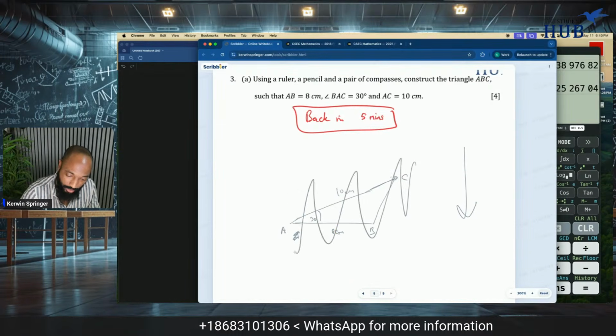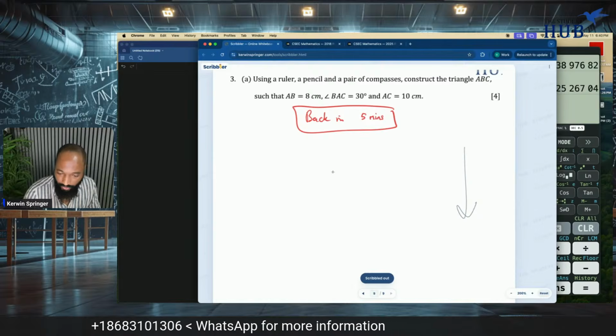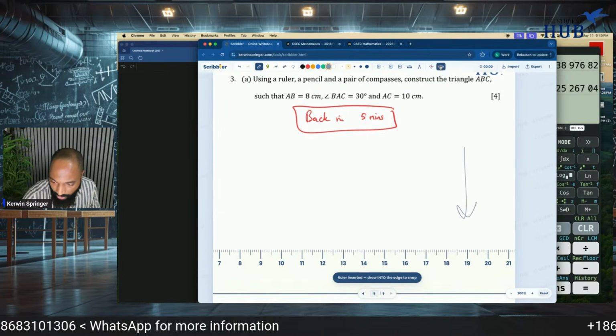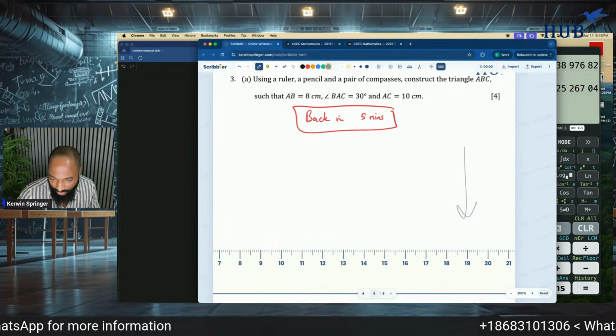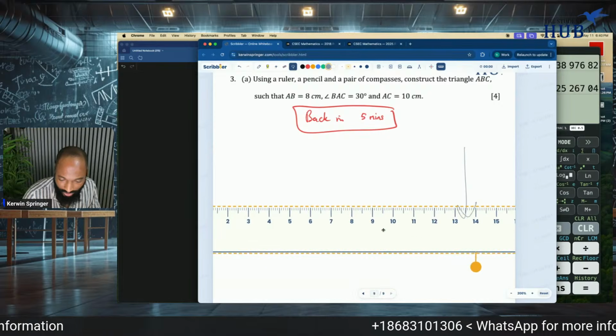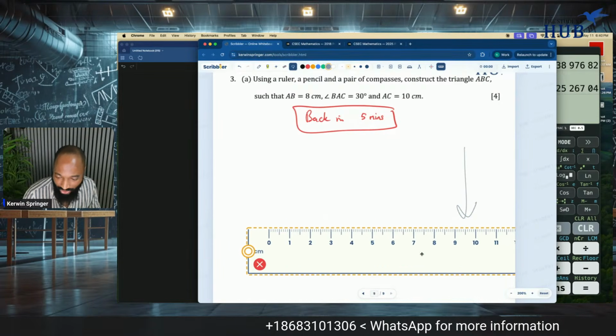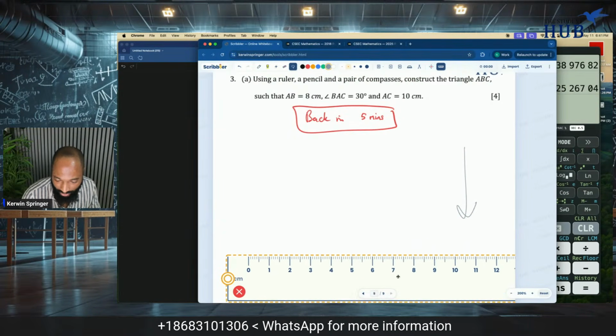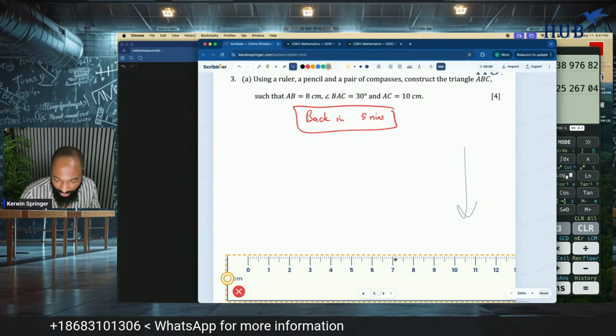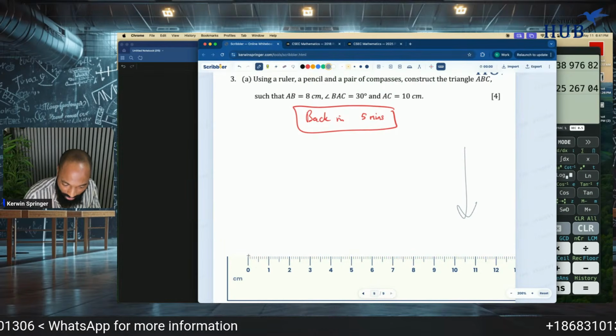All right, let's go get this bread. So first things first, we need a ruler, and we can literally just draw 8 centimeters. My paper is kind of small here.